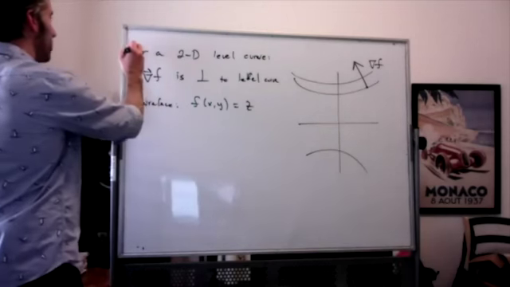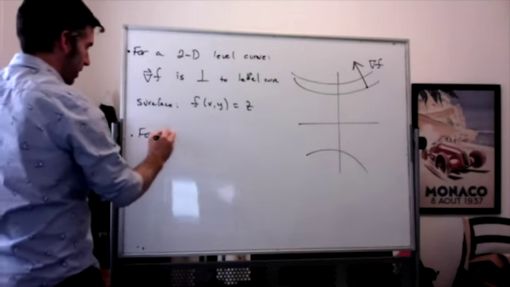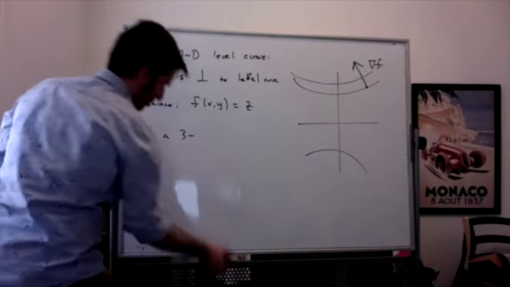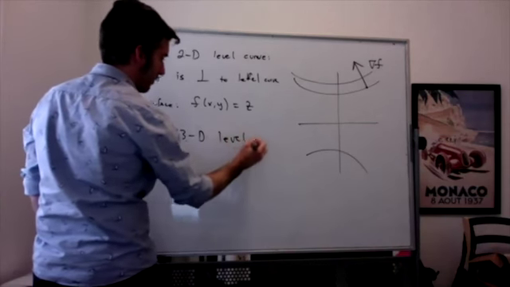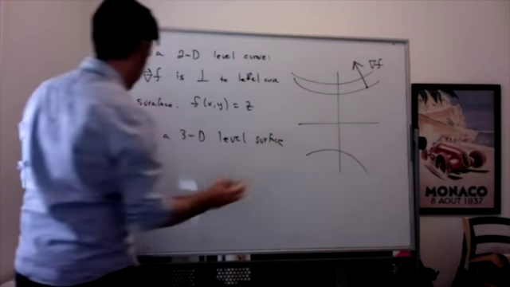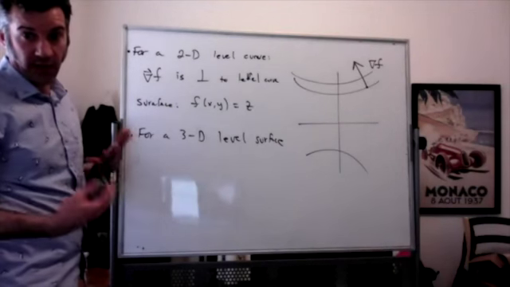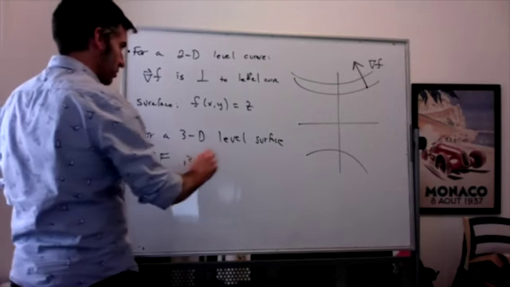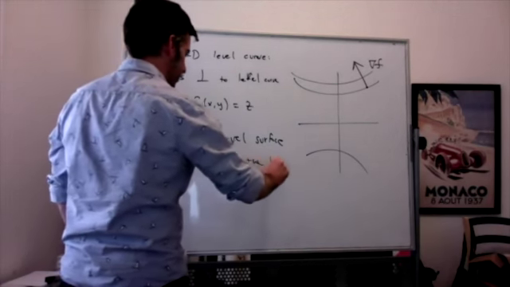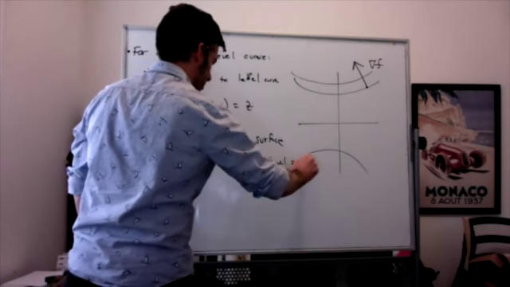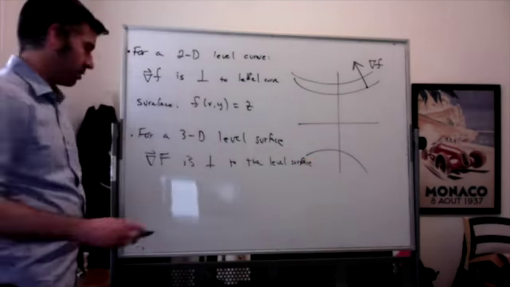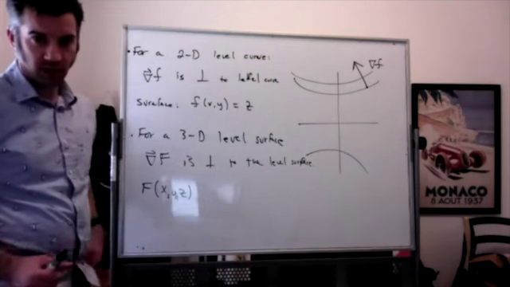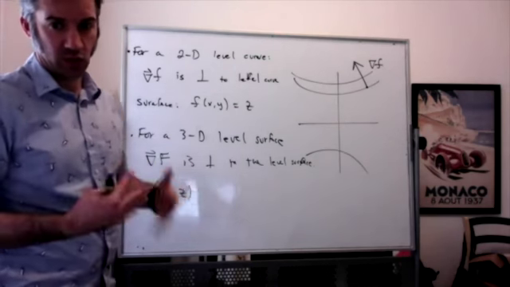Whereas for a 3D level surface, the idea is that the gradient of your capital F is going to be perpendicular to the level surface, where capital F is a function of x, y, and z. Hopefully that doesn't seem too terrible.